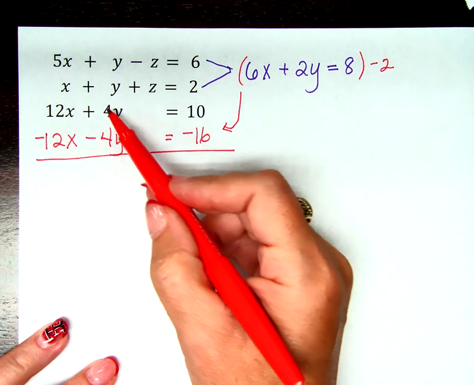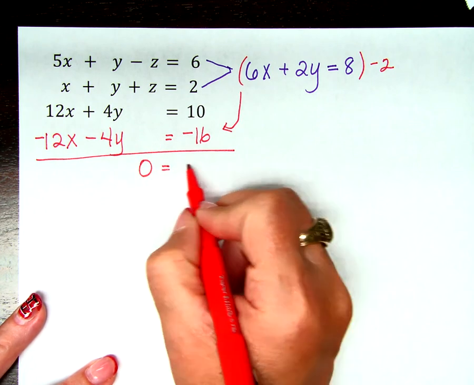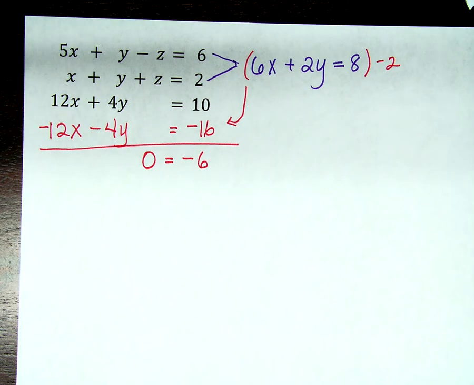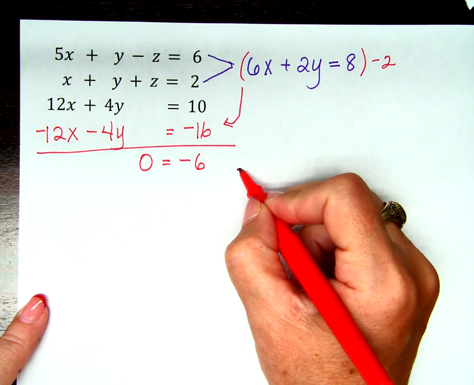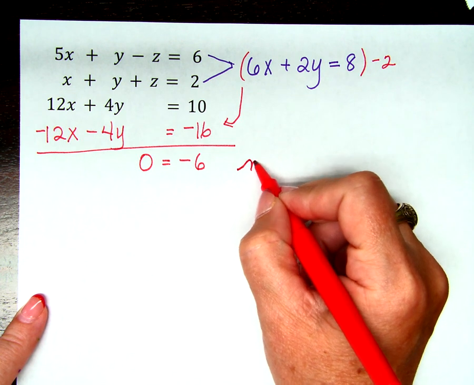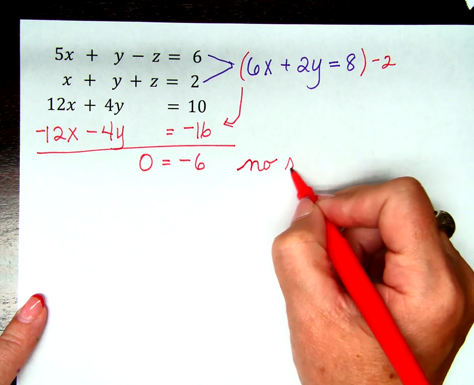That's 0. That's 0. 0 equals negative 6? Does 0 equal negative 6? Will 0 ever equal negative 6? No solution.